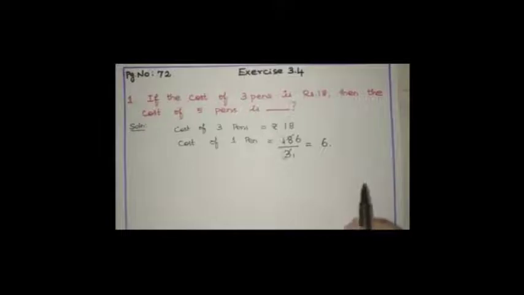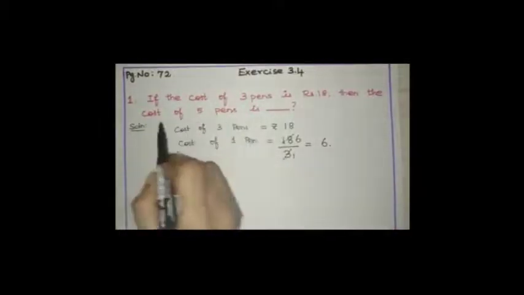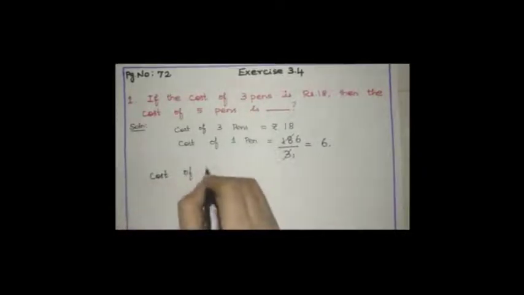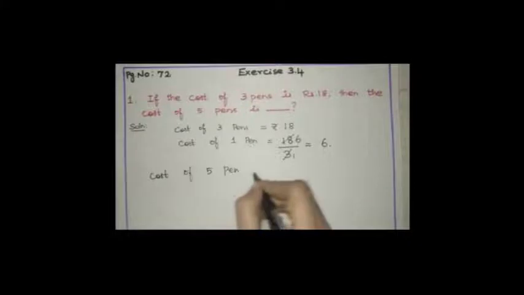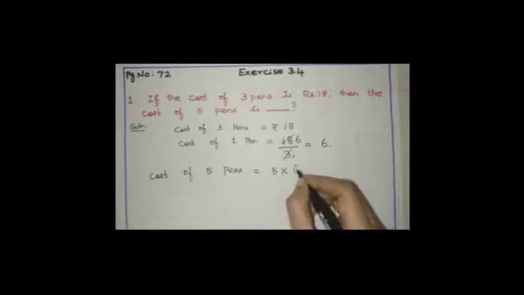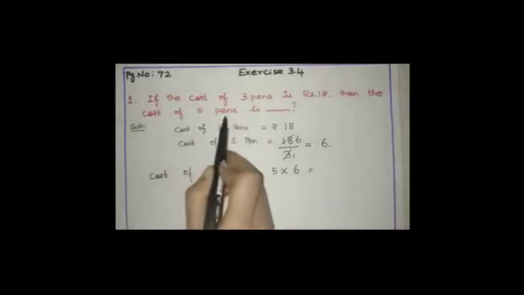You have to find the cost of the required number of units. So cost of 5 pens will be 5 into 6 because cost of 1 pen is 6 rupees and you have to find the cost of 5 pens.